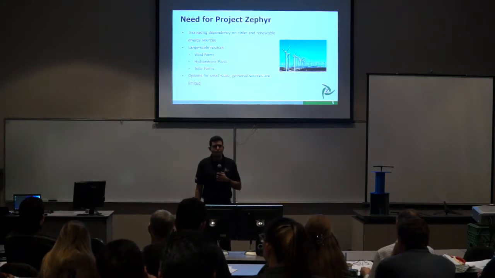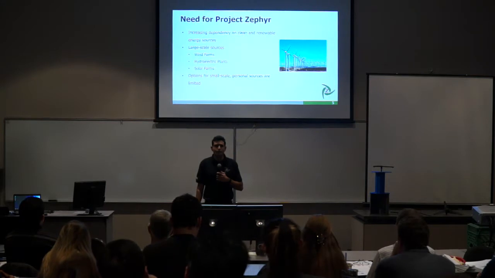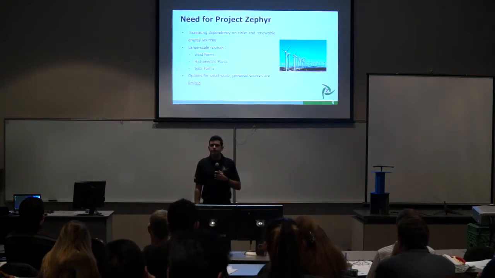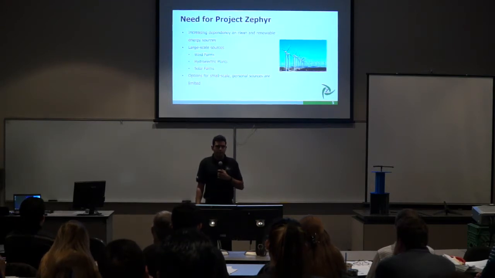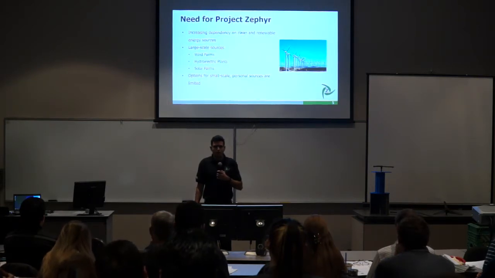These consist of wind farms, which harness the kinetic energy of the wind, hydroelectric plants, which harness the kinetic energy of water, and solar farms, which harness the chemical energy of the sun. There are other options, but these are a few examples. While these are viable options for large-scale energy generation, the options for small-scale personal sources of sustainable energy are limited.